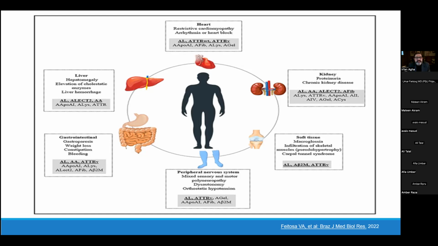But as nephrologists, when we see these patients, they either come with a diagnosis or they come with unexplained proteinuria, and then we biopsy them and we figure out, okay, there's amyloidosis involved, and then we go to the next steps. But this is where a multidisciplinary approach is essential.